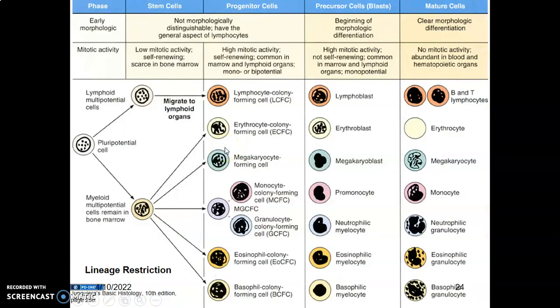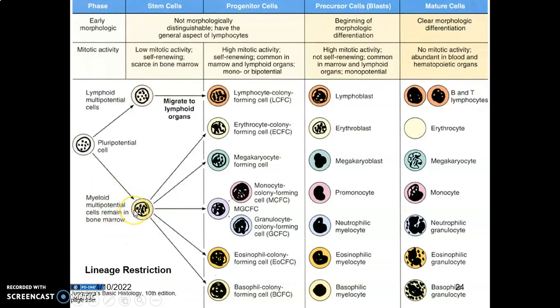Okay? So this is just to show you how blood cells are formed. Initially, you have a pluripotent cell that is able to become anything. This pluripotent cell can differentiate either into a lymphoid cell or a myeloid cell. A lymphoid cell will give us the lymphocyte colony forming cell, which will give us a lymphoblast that will differentiate to either B cell or T cell.